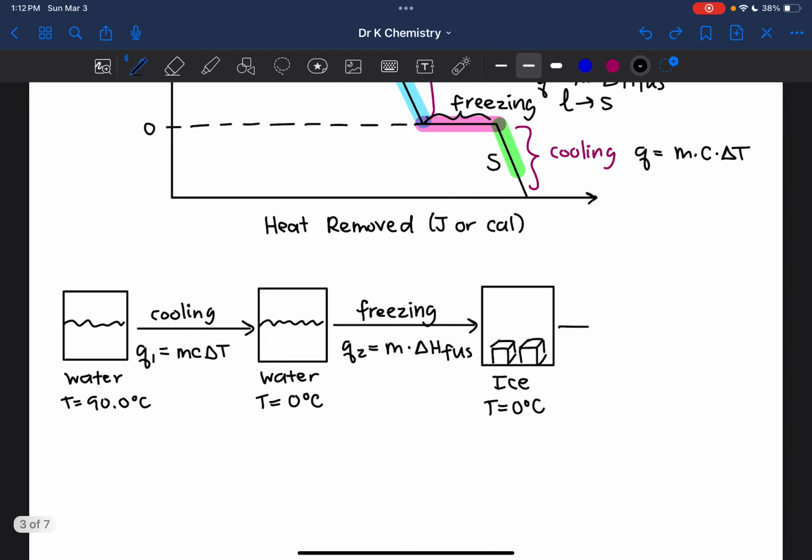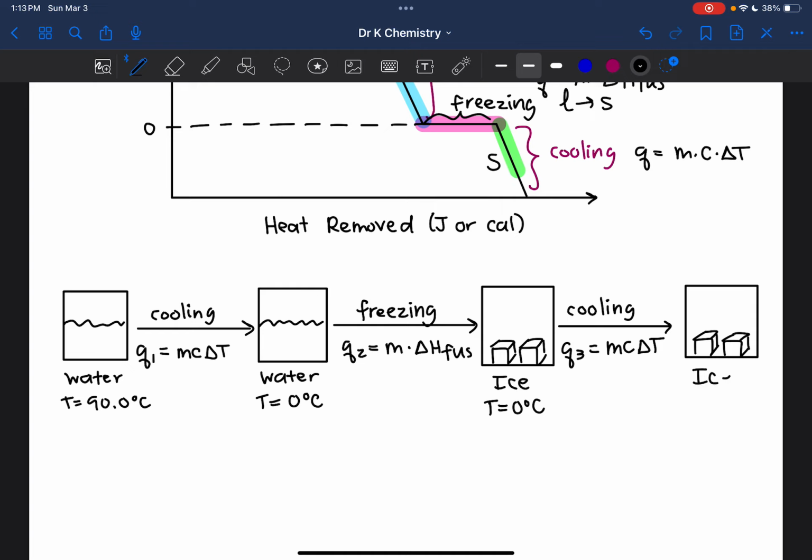So step 3 will be cooling again. And here, there was no phase change. All we did was take that ice and churn it into even colder ice. So still ice, but here the temperature is -18 degrees Celsius.